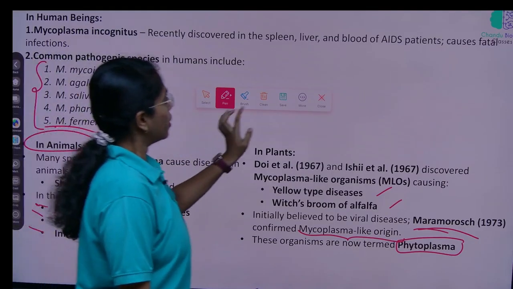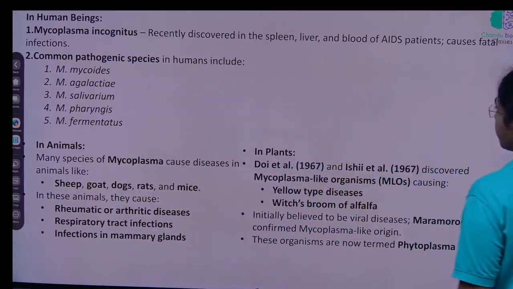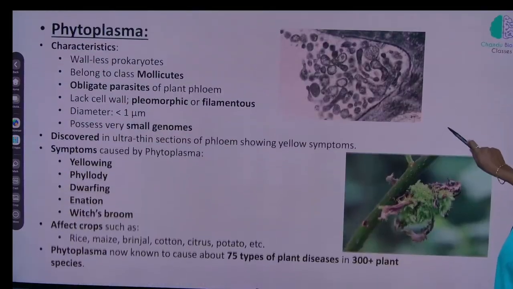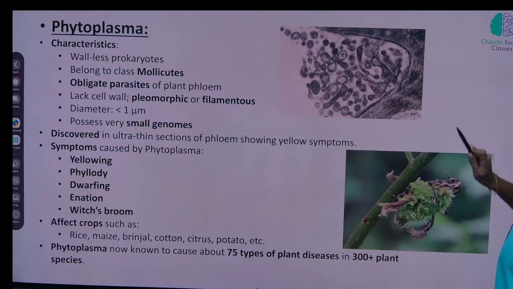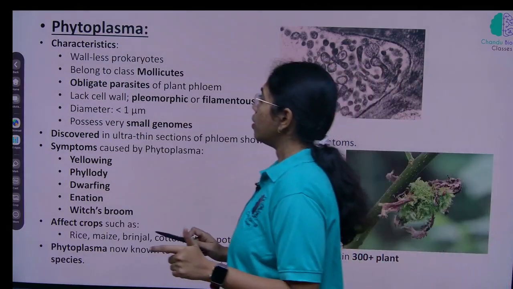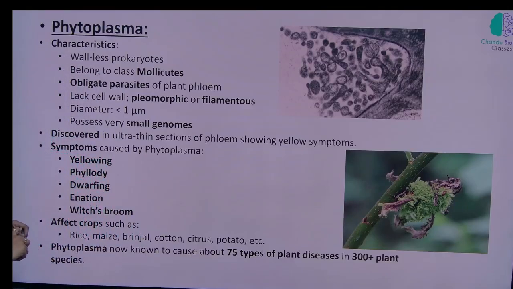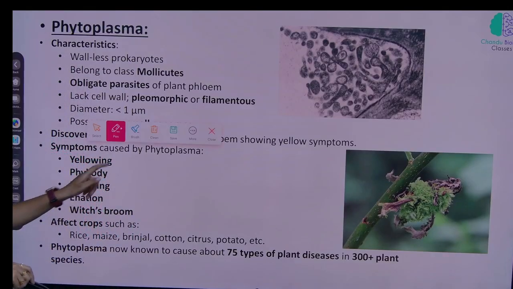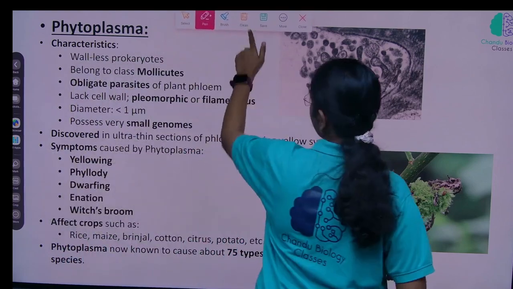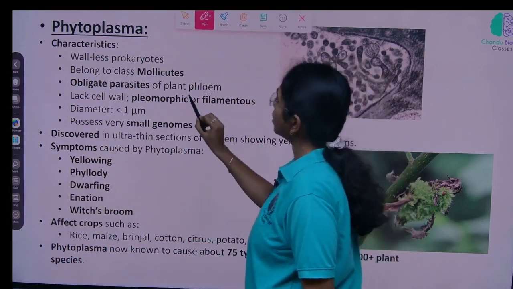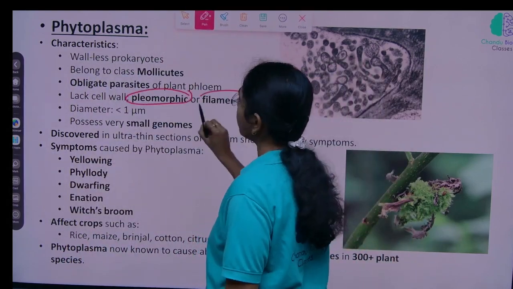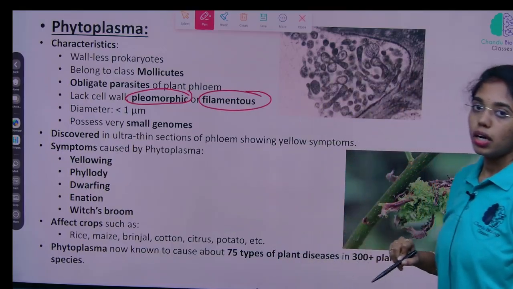Now, we will see both the types, phytoplasmas and spiroplasmas. First, what are the characteristic features of phytoplasma? They are wall-less prokaryotes belonging to Mollicutes. Obligate parasites, they lack a cell wall, we know that, pleomorphic or filamentous type of Mycoplasma.